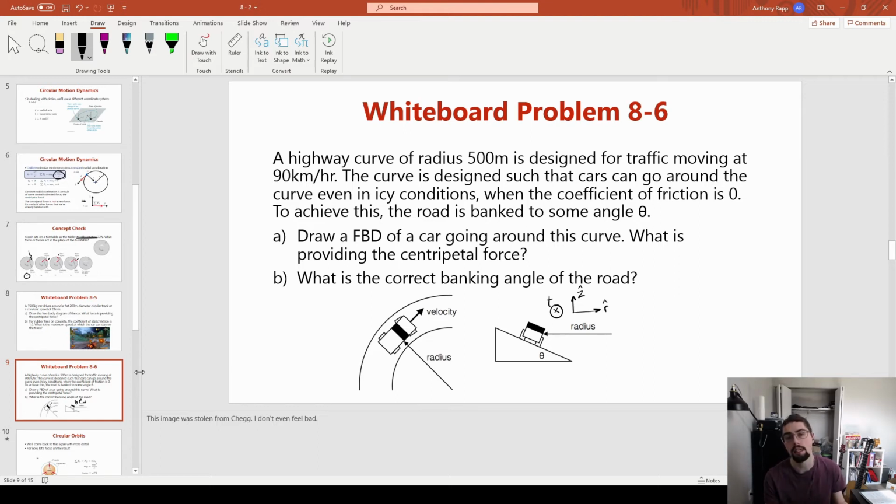If we completely lose friction, if the only thing actually providing that centripetal force becomes, well, I'll let you figure that one out. What angle do we need to make this bank to make sure that can happen? And also, draw a free body diagram. That's really important here, right? I've already got a picture shown here of what I would use to draw for something like this, but I recommend doing a lot of the same. I'm going to say the next 5 or 6 minutes on this one, and then we'll take a look at it together.